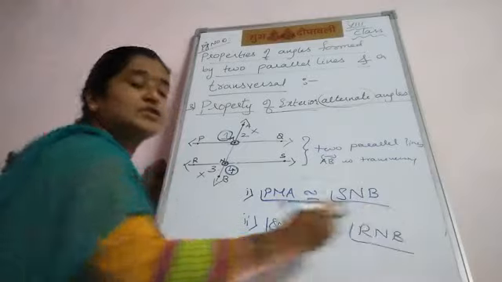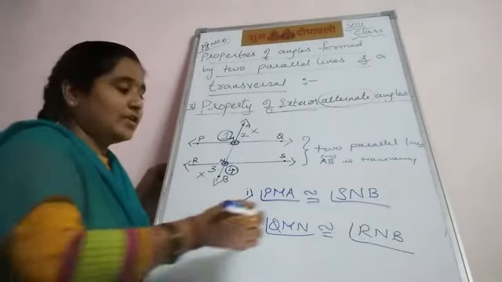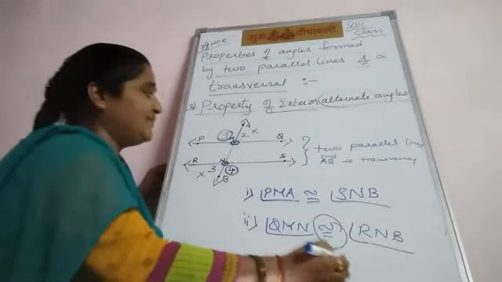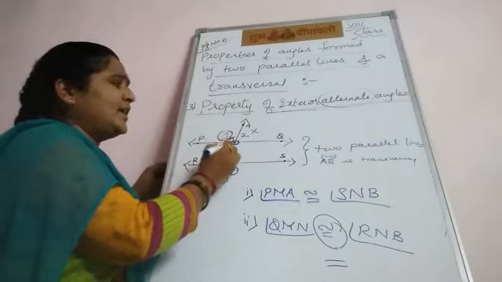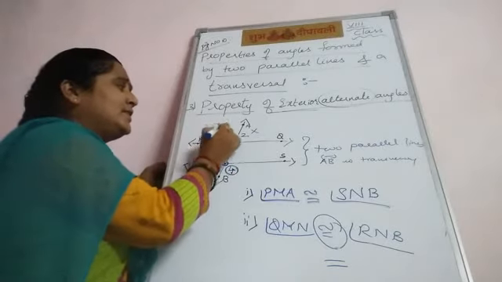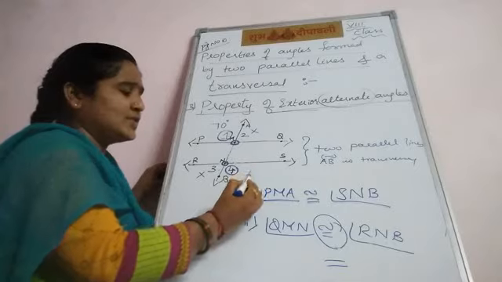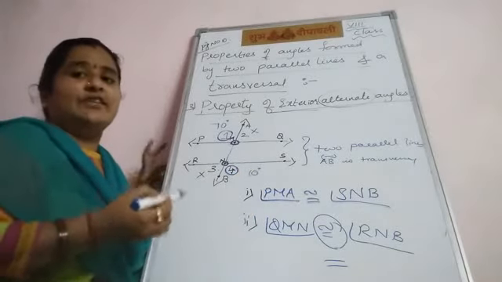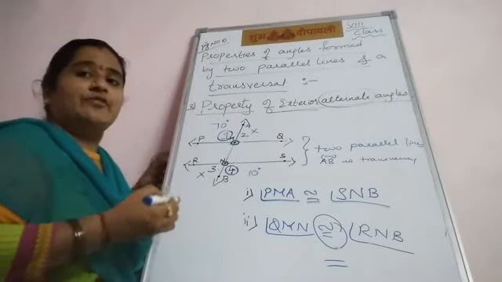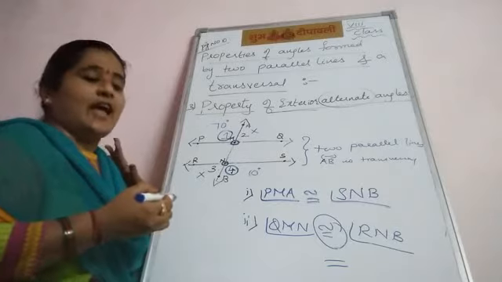These two angles are congruent. Congruent means what? Equal. If the angle PMA is 70 degrees, then angle SNB is also 70 degrees. Here which property? Property of exterior alternate angles.